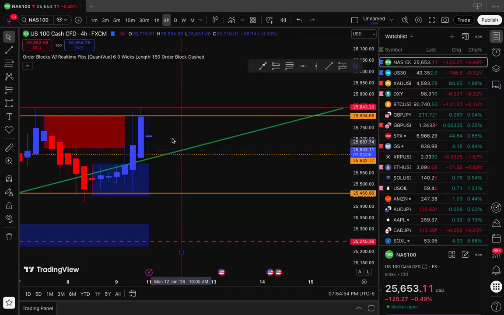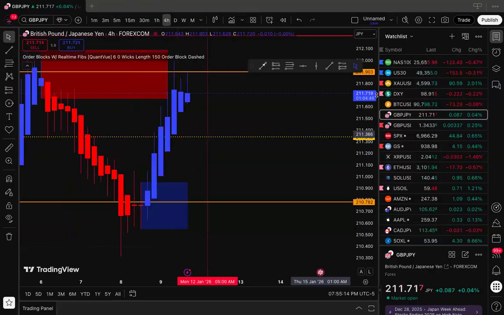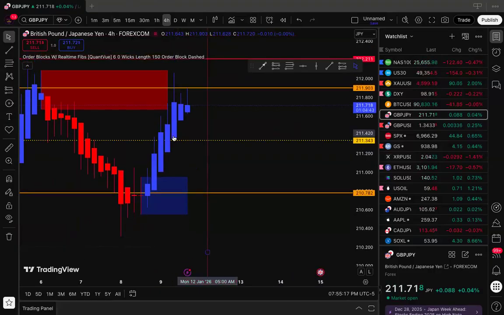Anything for 9, this is where you're looking to take your buy, right in this area. DJ, the buy should be taken in the same area. Any questions?